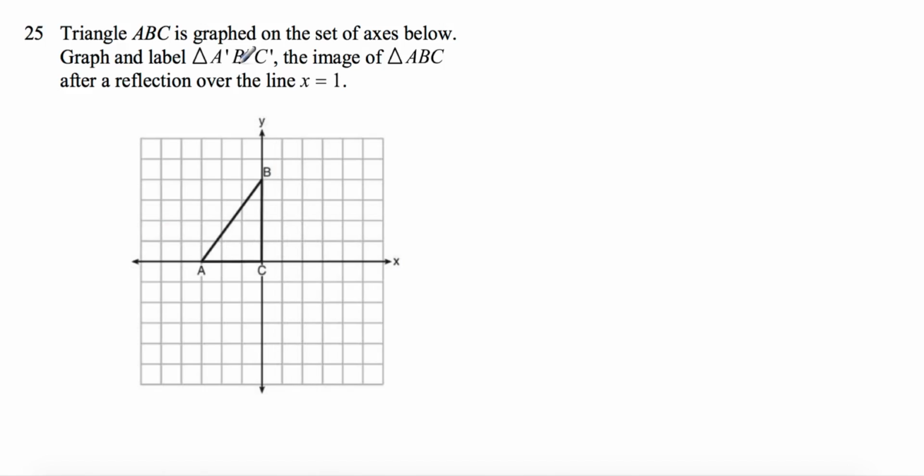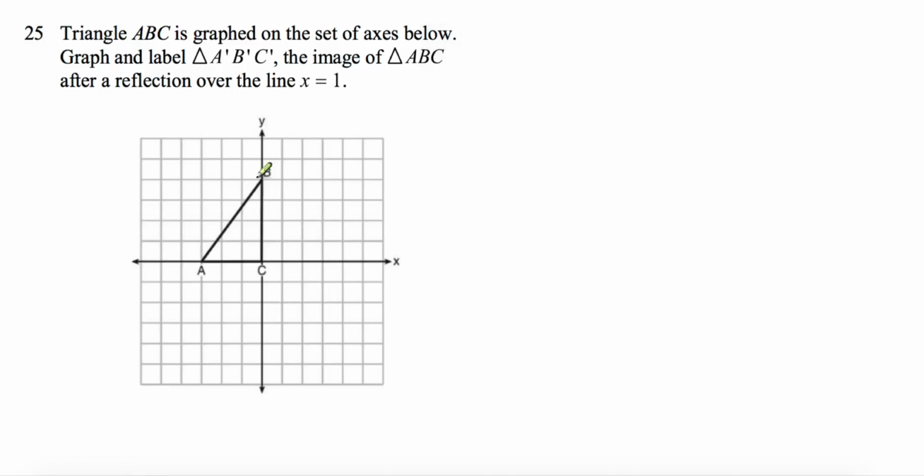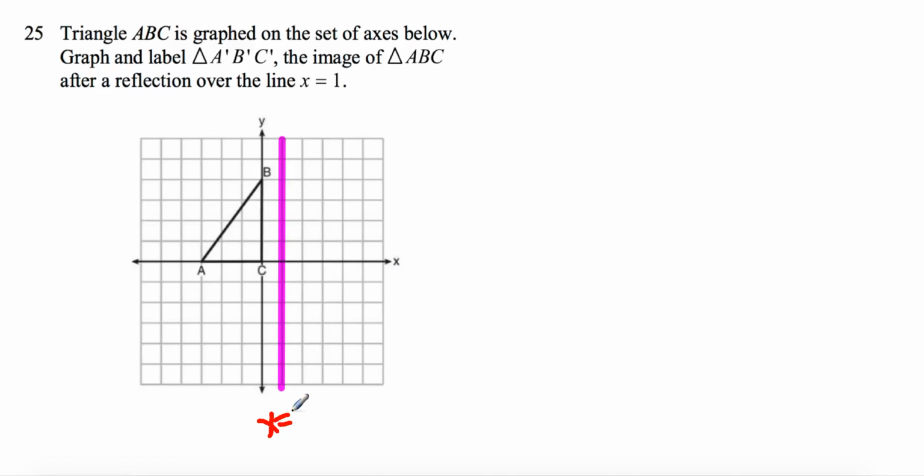Triangle ABC is graphed on the set of axes by reflection about the line x equals 1. So the purple line could have been x equals 1. So then this B, since it's 1 unit away from the line, is going to go 1 more unit over here.